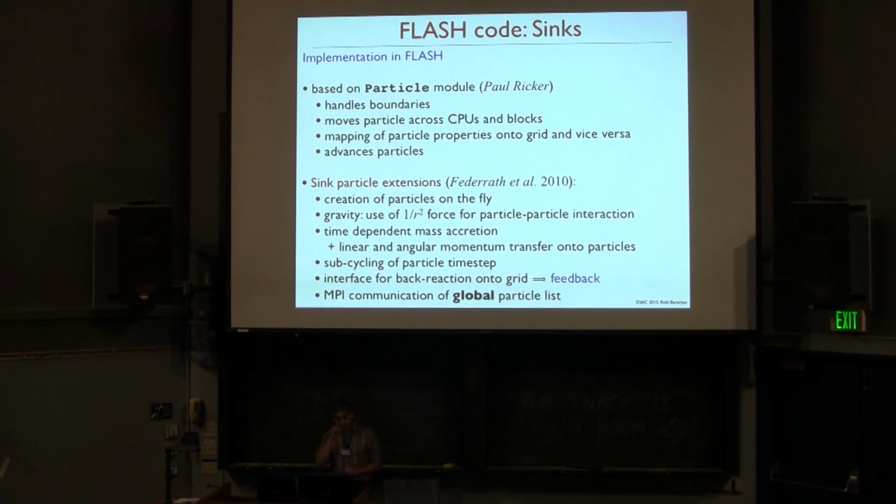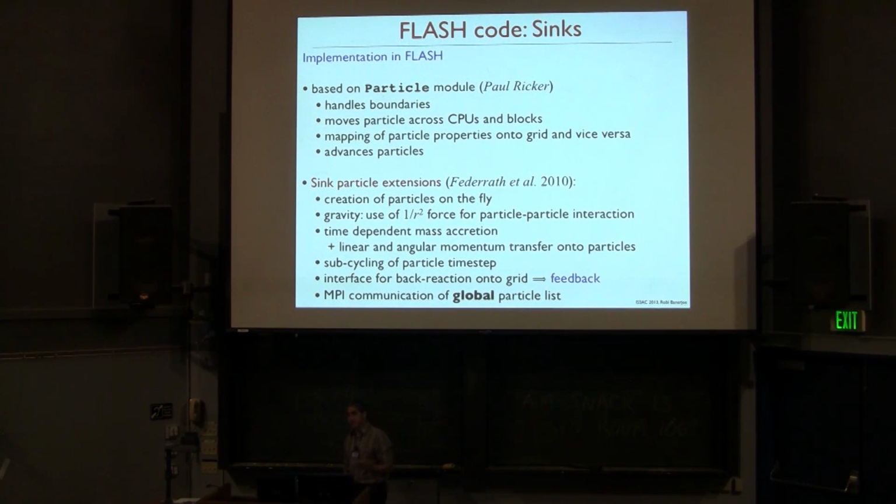Then on top of this particle module, Christoph Federrath implemented the sink particles, which I will present here. So the main difference is you could then create particles on the fly, depending on the criterion you use for creating a particle.